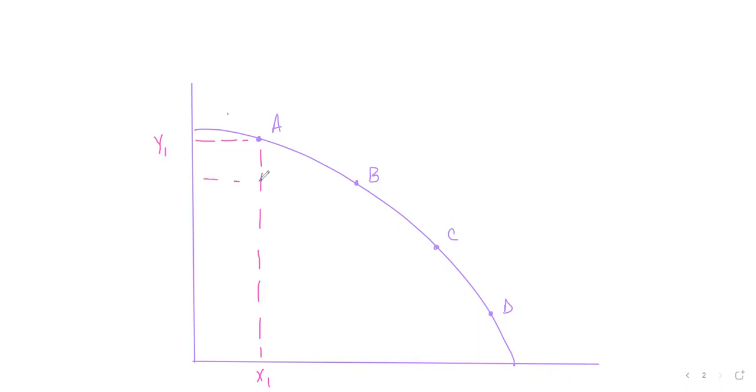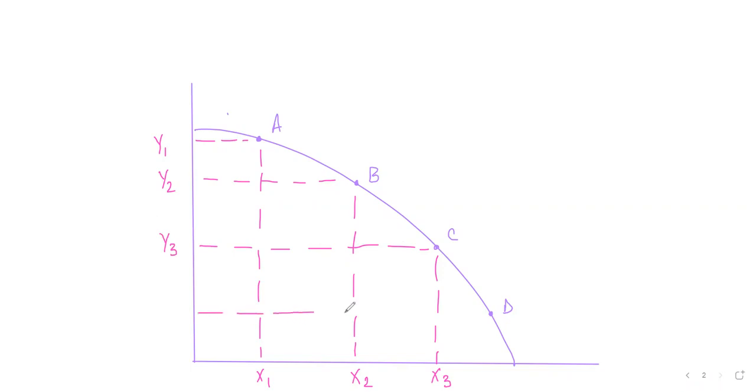Let me complete the graph first, and then I will explain what it means to have increasing opportunity cost. Then at point C, it will be like this. You're producing X3 units of product X and Y3 units of product Y.